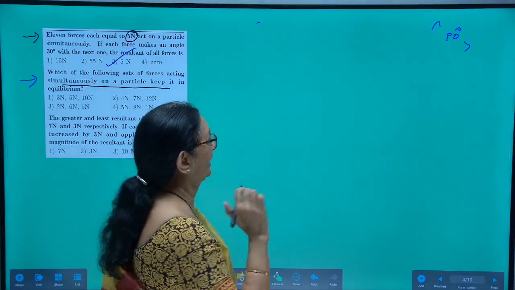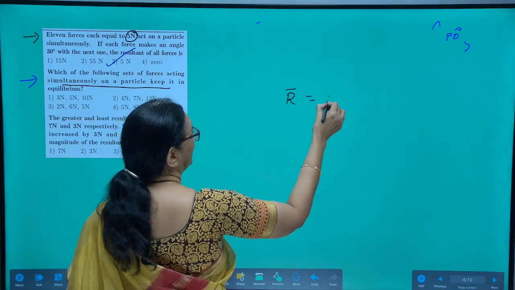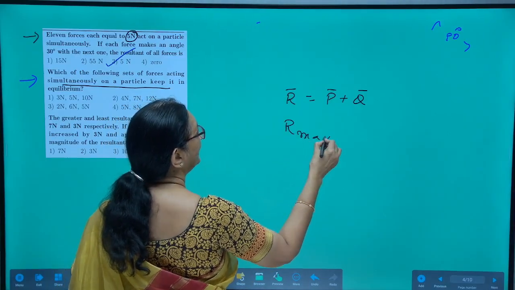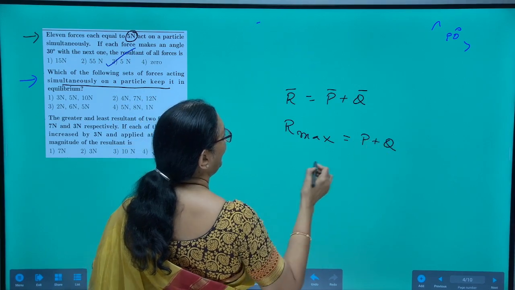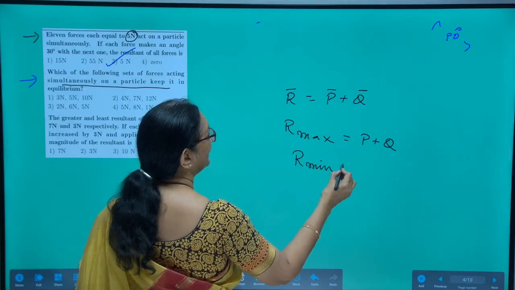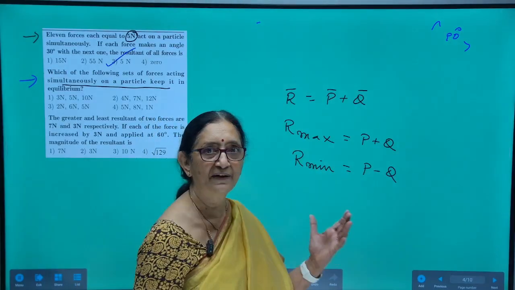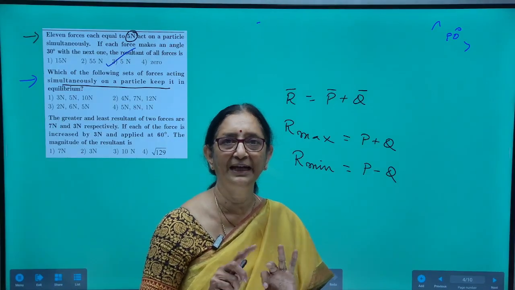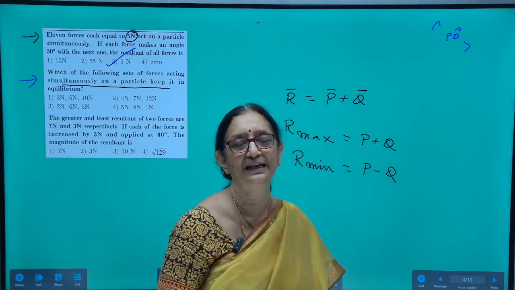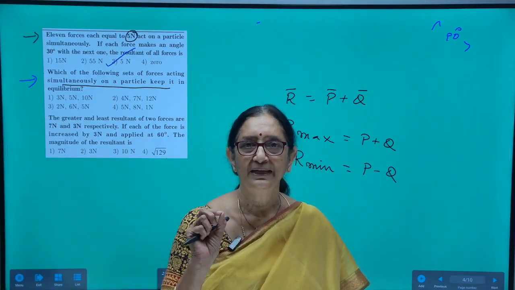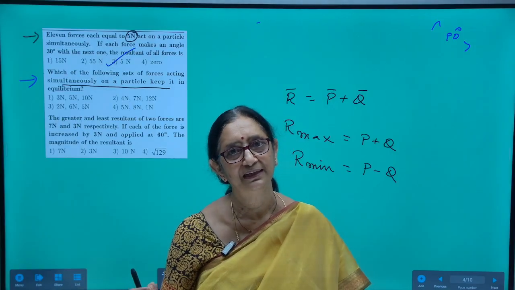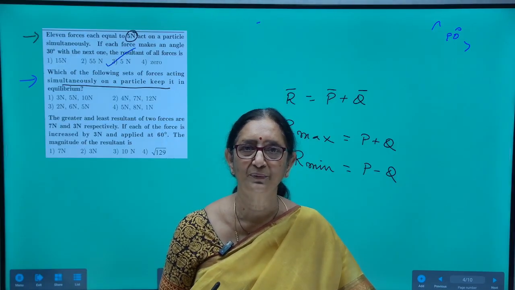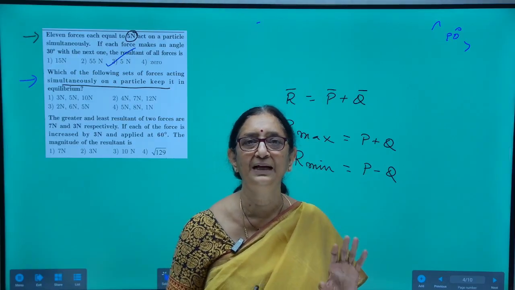So, look here, if R bar is equal to P bar plus Q bar, the maximum possible value of the resultant is P plus Q and the minimum possible resultant is P minus Q. From the parallelogram law we have learned that. So, 3 vectors P, Q, R can keep a point in equilibrium only when each vector is the equilibrant of the remaining 2. So, each vector must have a value lying between the maximum and minimum possible resultants.